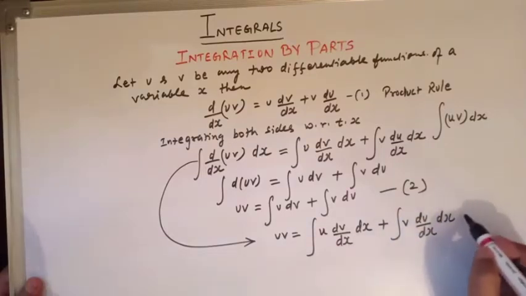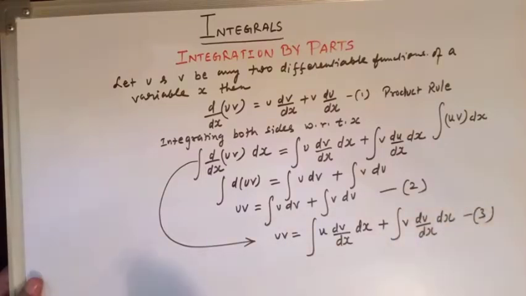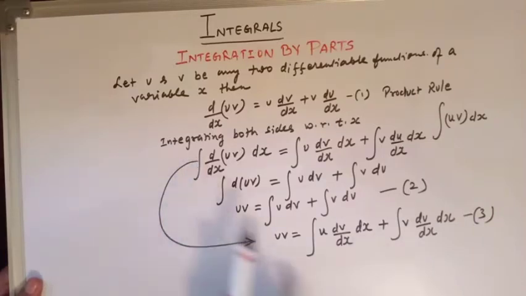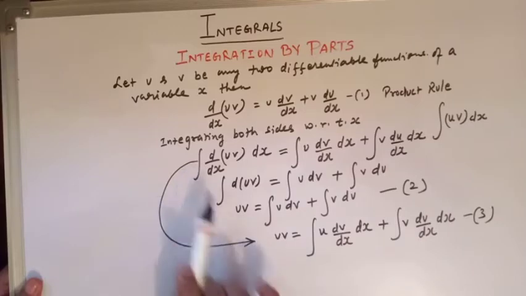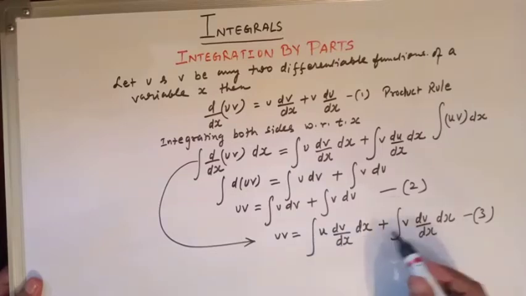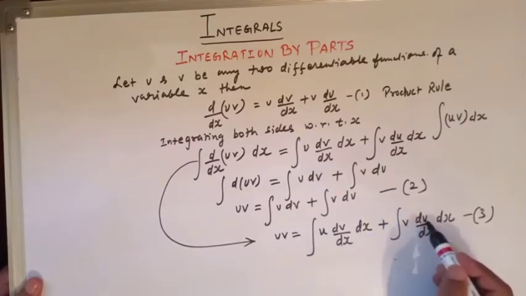Clear? So let us say this equation is 3. Here what we have done, we have written this equation in this form. Clear? So we have uv, the integral of u dv by dx plus the integral of v du by dx.